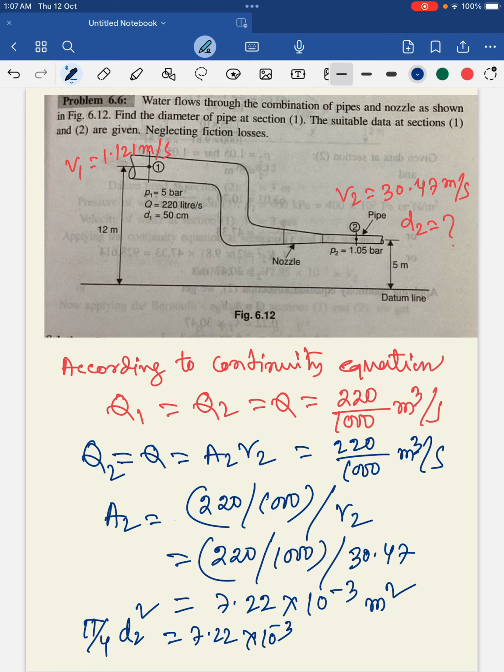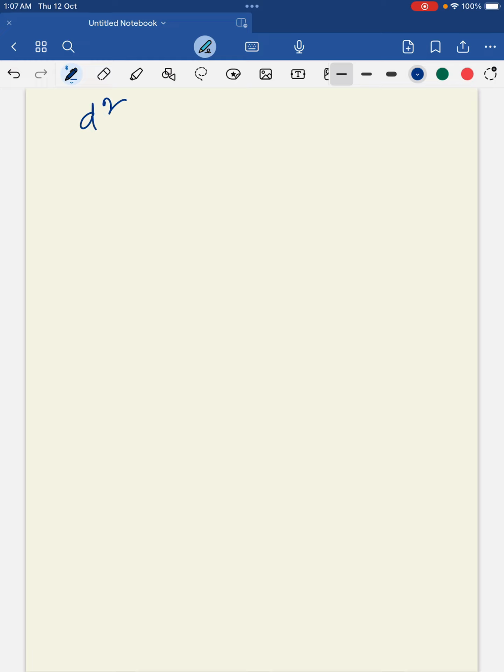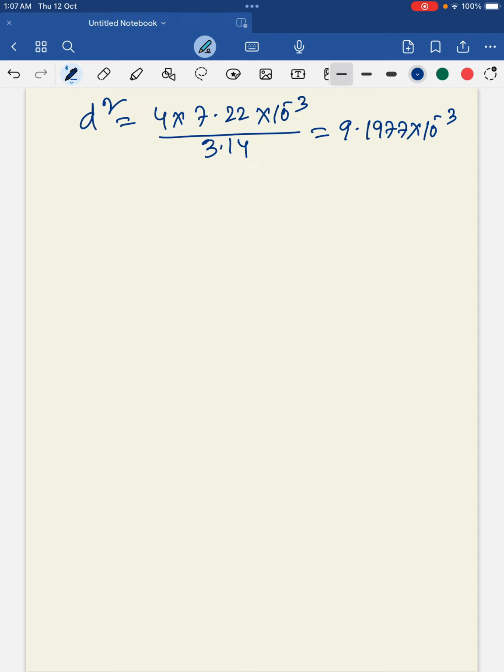Now from here we can easily calculate d2. So d2 square will be 4 into 7.22 into 10 to the power minus 3 divided by pi. Pi means 3.14. If you do the calculation, that will be 9.1977 into 10 to the power minus 3 meter square.